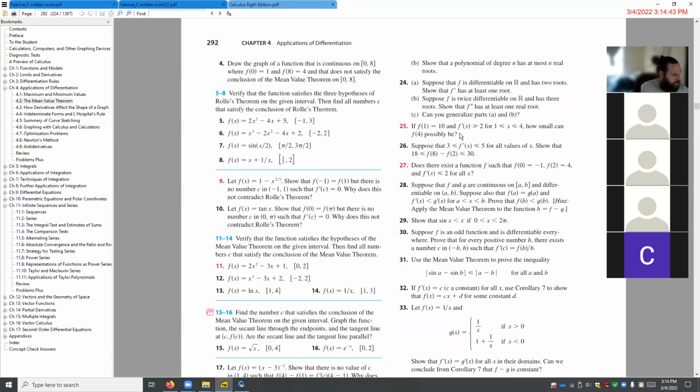Suppose f of 1 equals 10 and f prime of x is greater than or equal to 2, for 1 less than or equal to x less than or equal to 4. How small can f of 4 be?